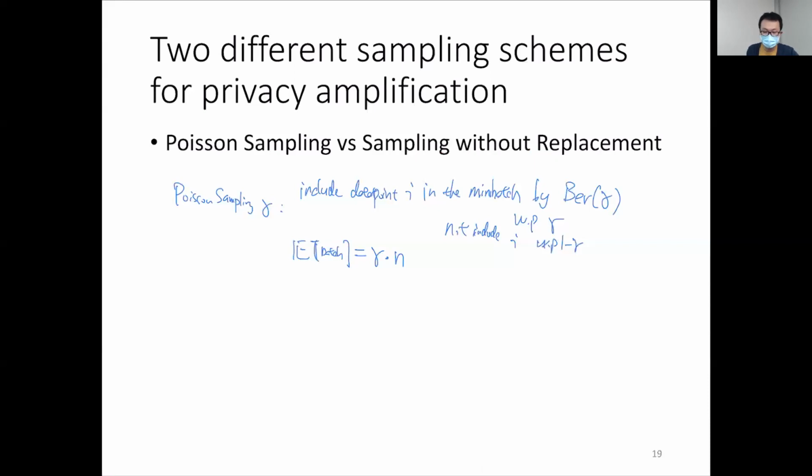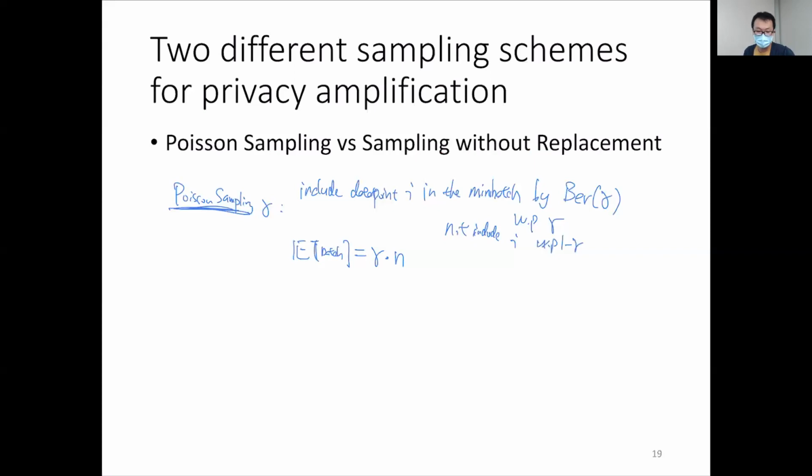This notion of sampling works really well with the add or remove version of differential privacy, because the add or remove version of the neighboring relationship requires your mechanism to be applicable to all data sets with arbitrary lengths. So no matter what this batch ends up being, your algorithm applied to this batch satisfies epsilon delta DP, and there is a meaningful notion of privacy there.